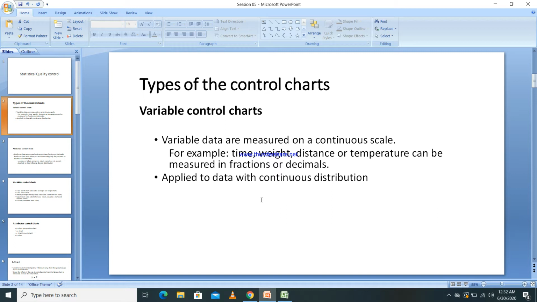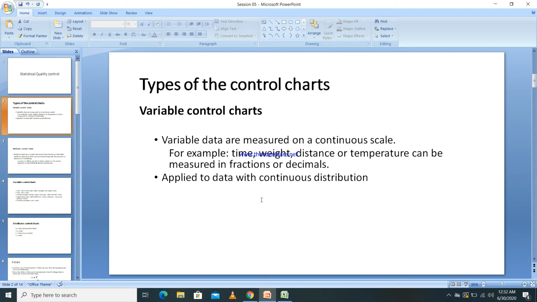When it comes to a variable control chart, in that case, for your target or nominal value, it should be a continuous scale variable. For example, it can be time, or waist size, or weight, distance, temperature, right?